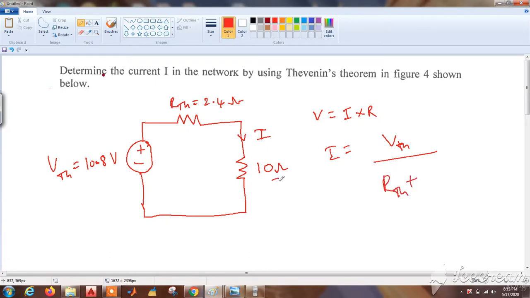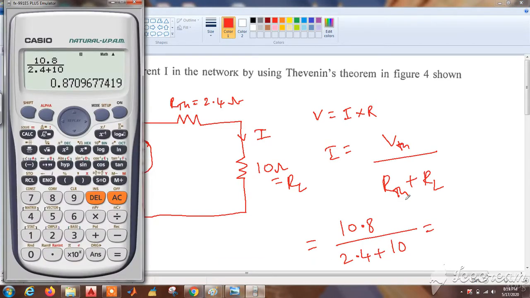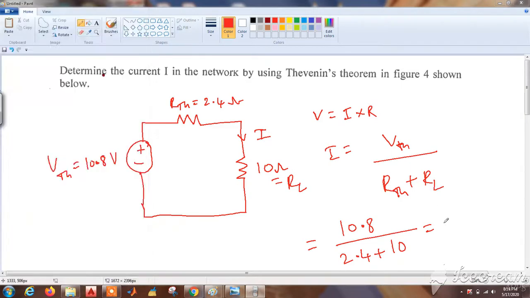This can be written RL also. So current will be VTH is 10.8 volts divided by RTH is 2.4 ohms and RL is 10 ohms. So this will give 0.87 amperes. 0.87 amperes is our current flowing through 10 ohms. Thank you.